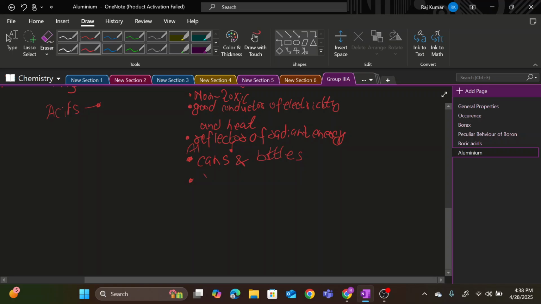It is generally inert, but it can react with certain acids. So this is all about it.